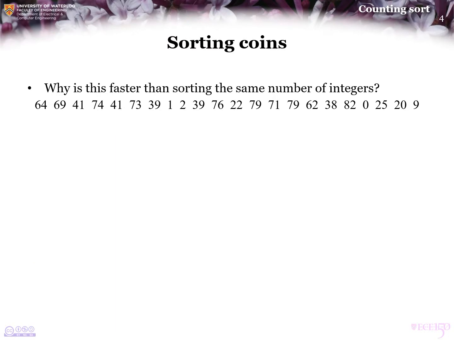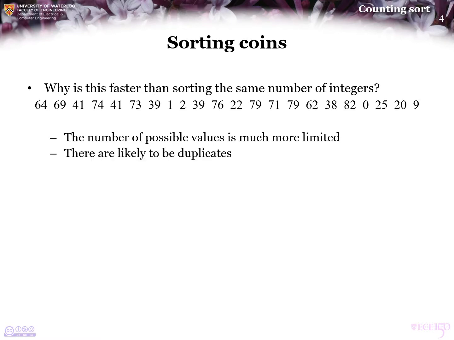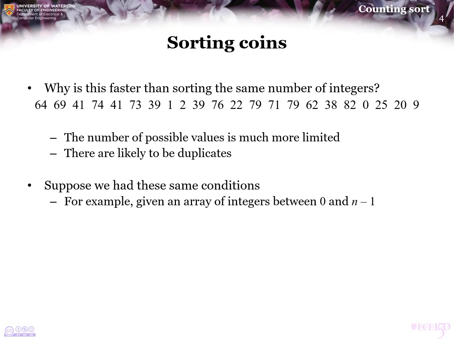So now we have to ask ourselves, why is it faster to sort a whole bunch of coins than it is to sort the same number of random integers? Well, first of all, the number of possible values is much more limited. We only have 7 different denominations. Also, there's likely to be duplicates. So suppose we had these same conditions with an array of integers.